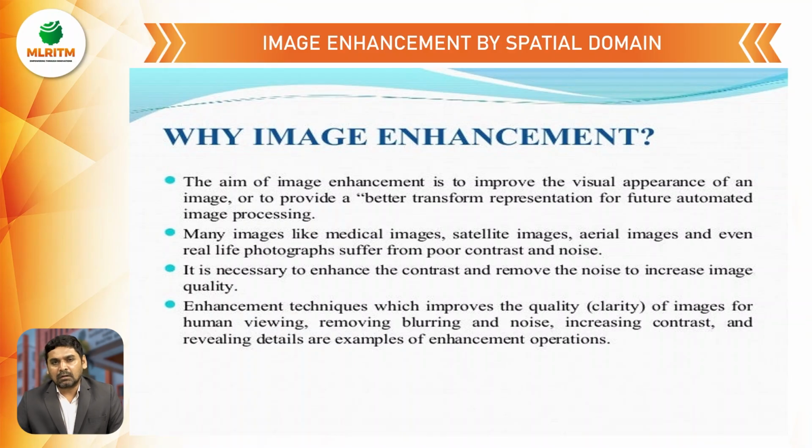So to identify an object or to improve quality, image enhancement is required. We have two types, already discussed earlier: image enhancement by spatial domain and image enhancement by frequency domain.